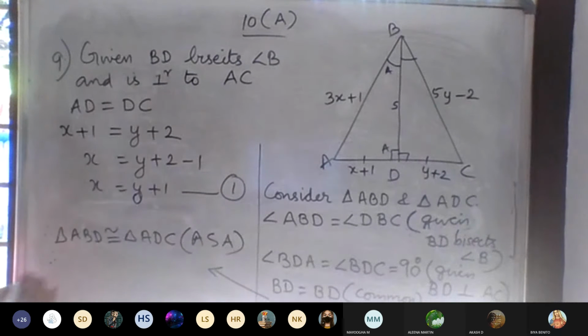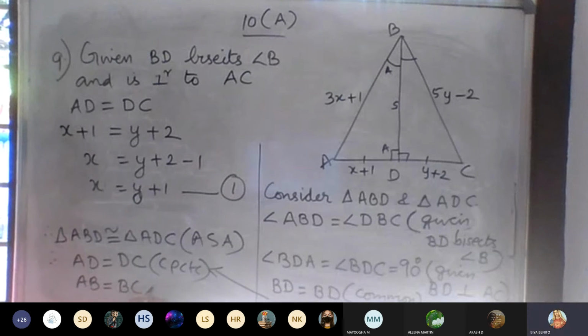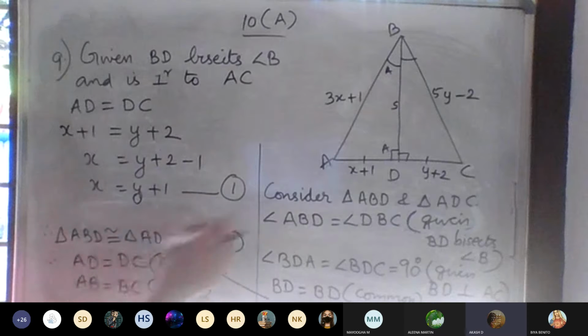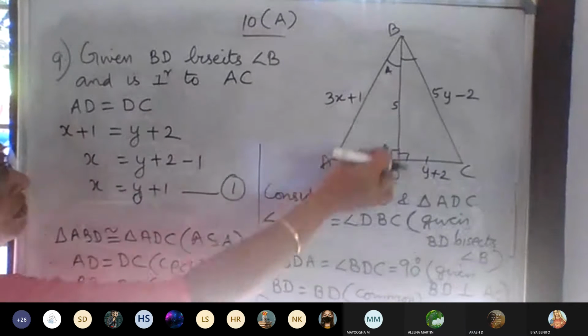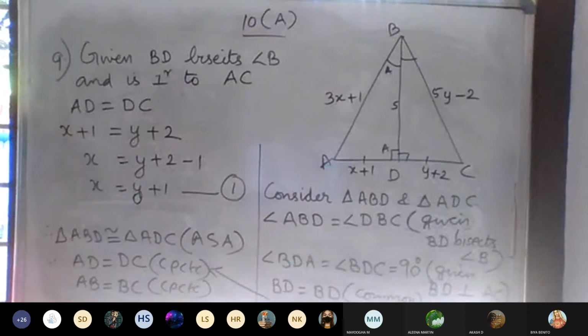CPCTC. AD is equal to DC, then CPCTC, AB is equal to BC. CPCTC, 2 is enough. AD is equal to DC, we already wrote, no? AD is equal to DC using the same concept. We wrote that AD is equal to DC.